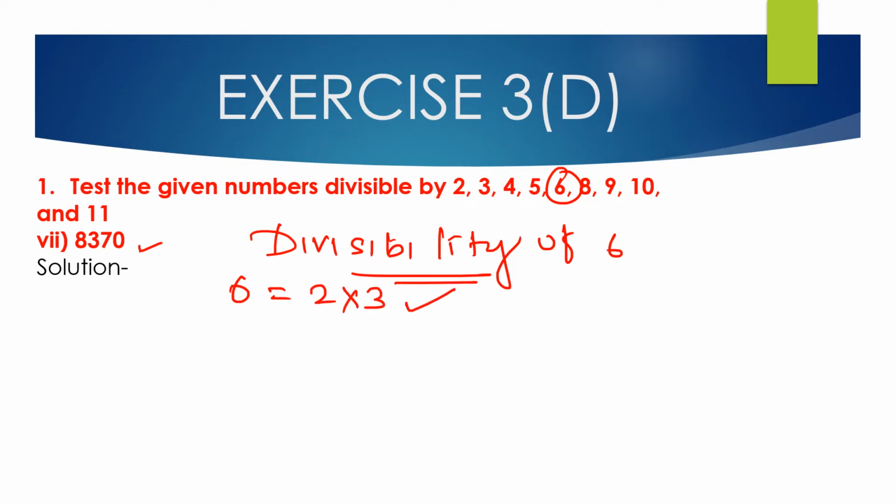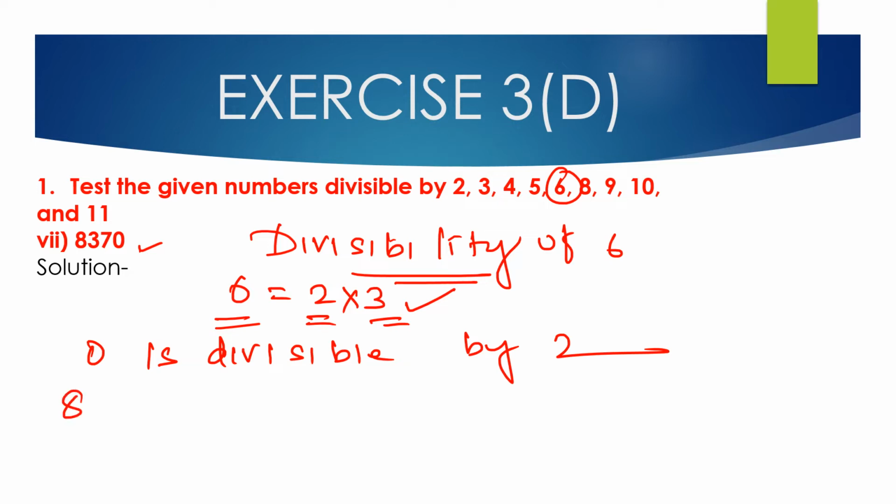So if the number is divisible by both 2 and 3, then the number is divisible by 6. First we will check whether the number is divisible by 2 or not. Here the last digit, that is the unit place digit of the number 8370, is 0, and 0 is divisible by 2. So 8370 is divisible by 2.